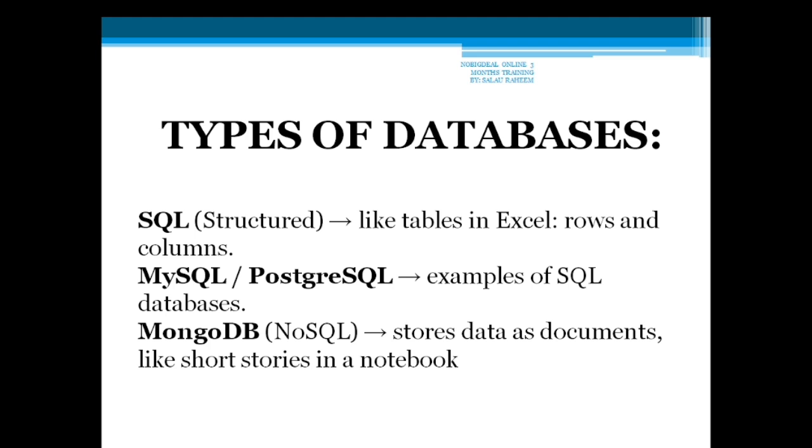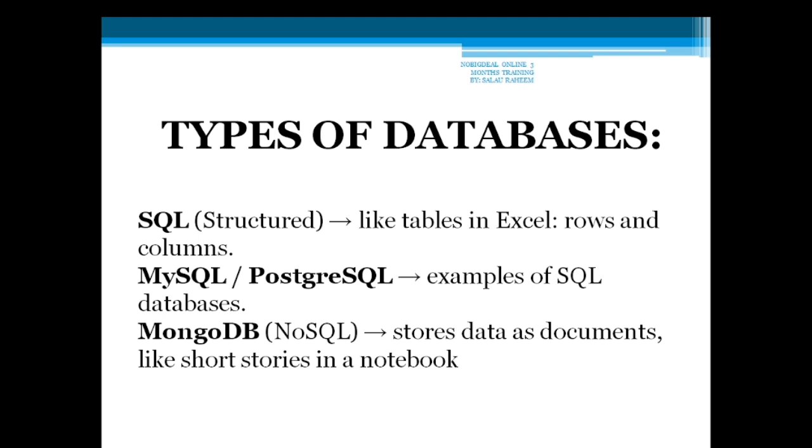SQL databases are structured and organized like tables in Excel, with rows and columns. Each row is a record, like one person's data, and each column is a field, like name, age, or email. This makes it easier to sort and search for information.